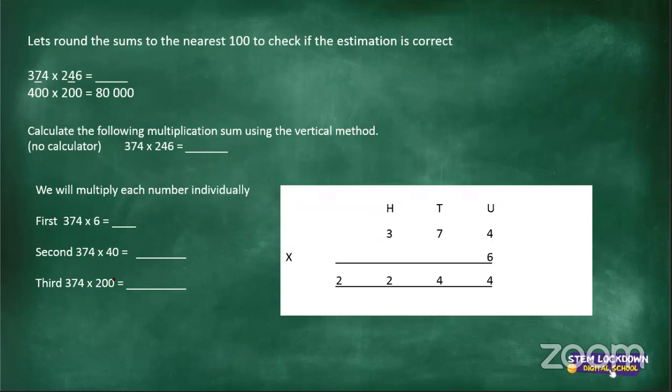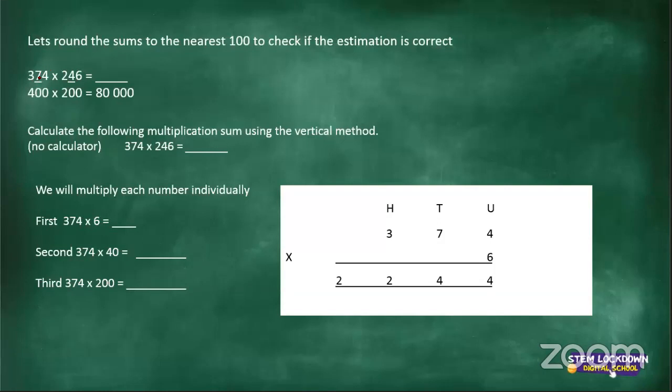And then I'm going to go very, very slowly explaining the steps for vertical multiplication, because you're now going to be doing 3 digits by 3 digits, and then we're going to move on to multiplying 4 digits with 3 digits. So when we're going to round off to the nearest 100, remember the rule.